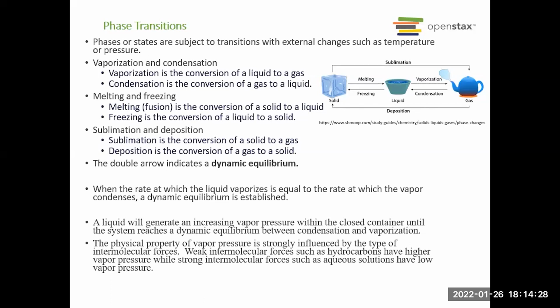I'm sorry. Okay, let me take that back. Hydrocarbons are going to have a higher vapor pressure because you have only the dispersion forces. You have weaker forces. So let me correct myself. Things like water that have hydrogen bonds and dipole-dipole forces are going to have lower vapor pressure, right?